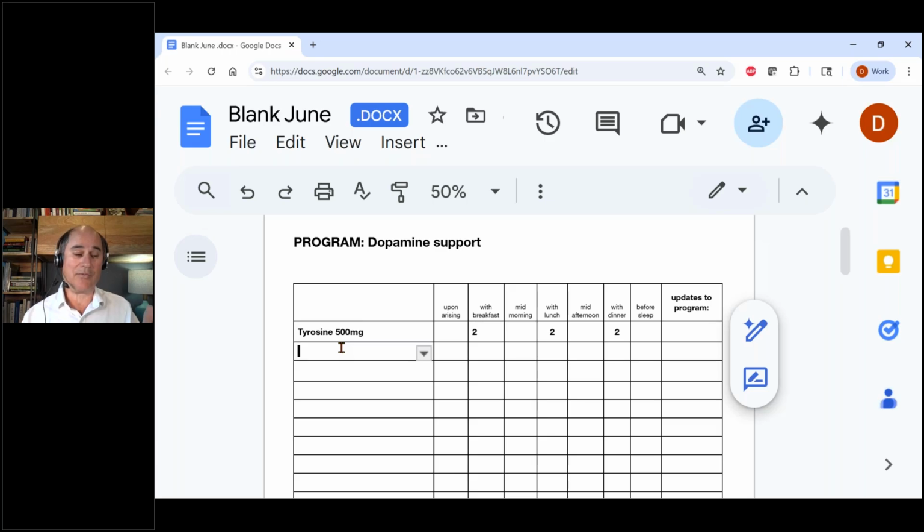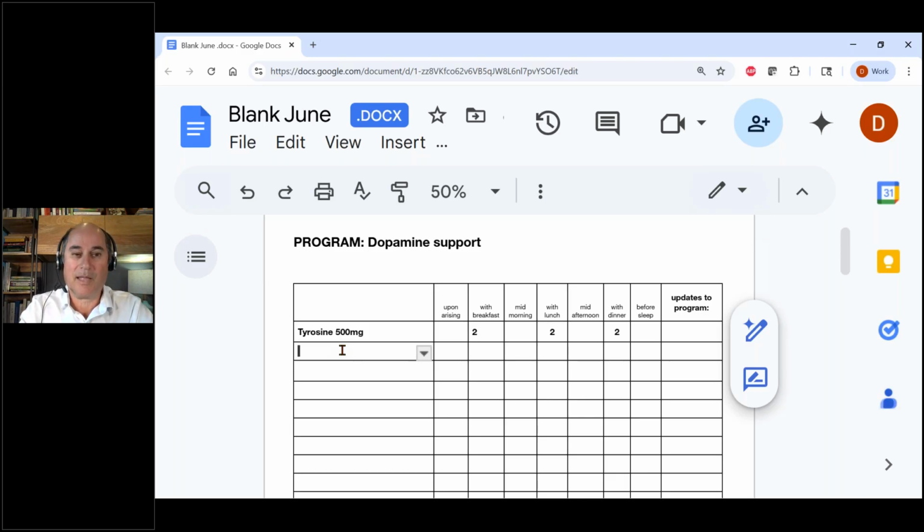Tyrosine with food and without food, dopamine levels are identical. So it has a more immediate impact on an empty stomach, like you can feel it really fast, but the amount of dopamine that's in the body circulating over time is the same with or without food. So you can give it with or without food.